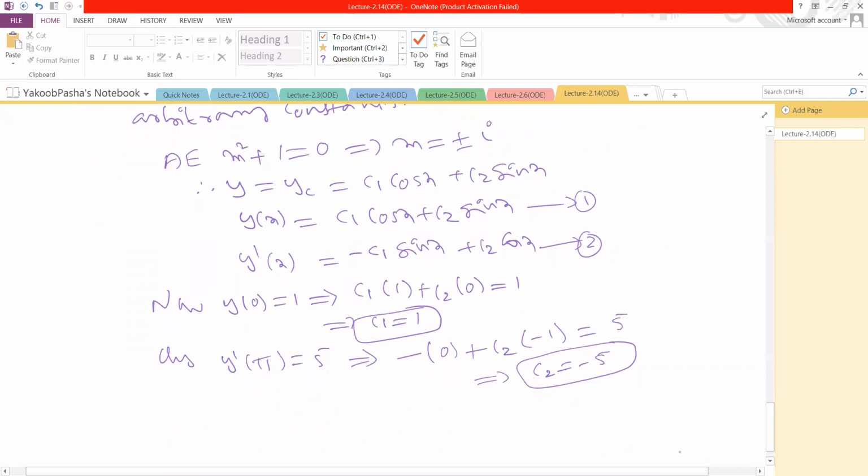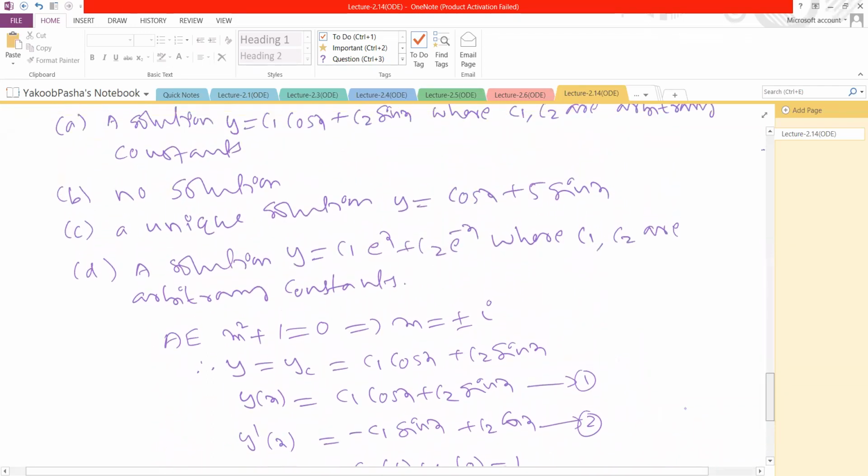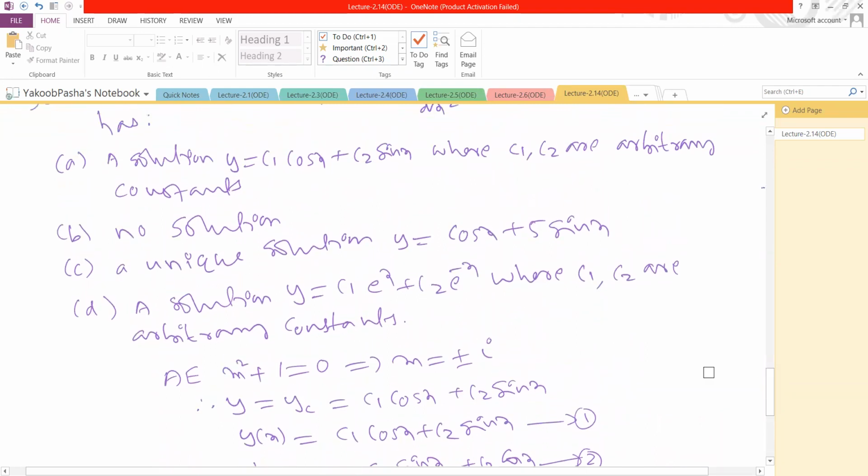Therefore, applying in the first equation, y of x is equal to cos x minus 5 sin x. Now this is the unique solution. We have eliminated the arbitrary constants c1, c2. Okay, so option C is the right option.